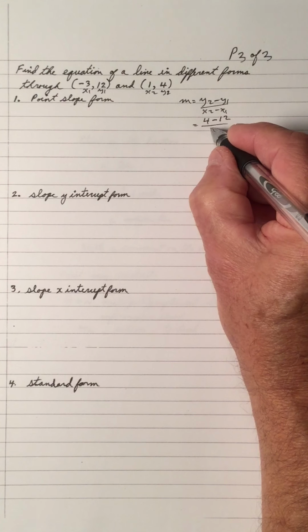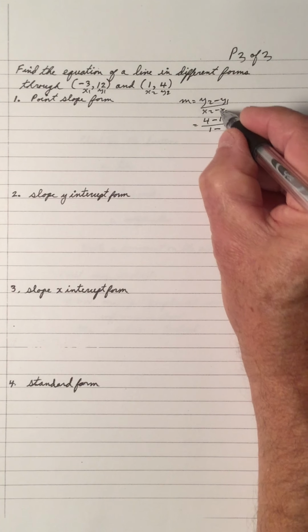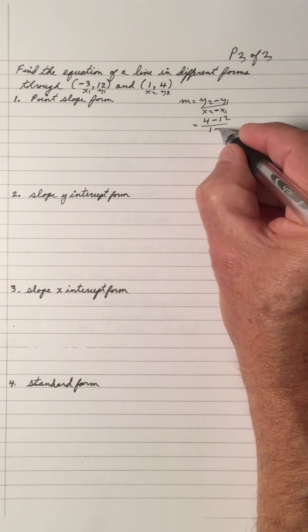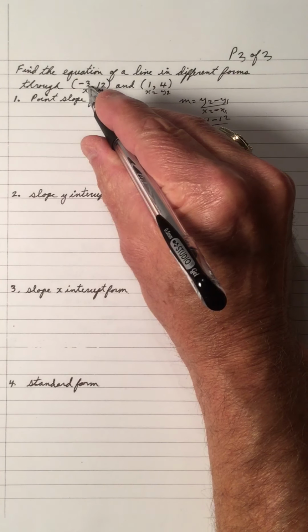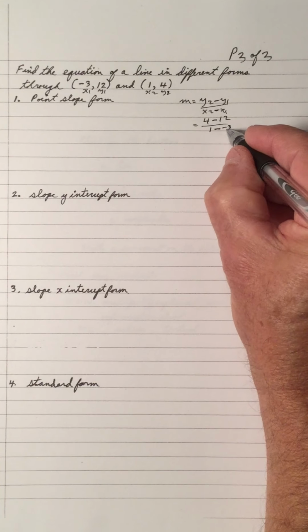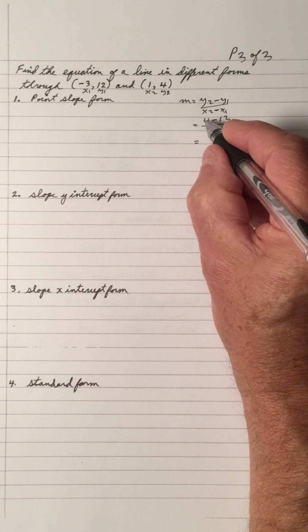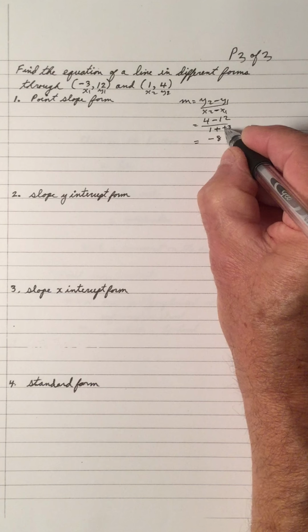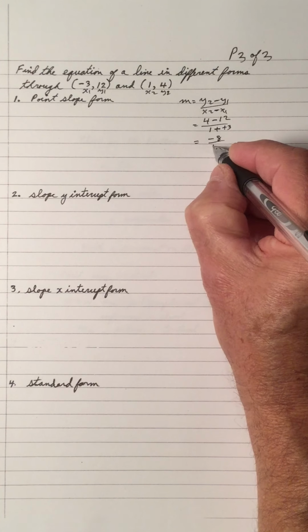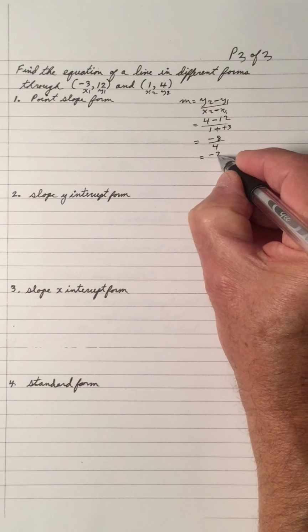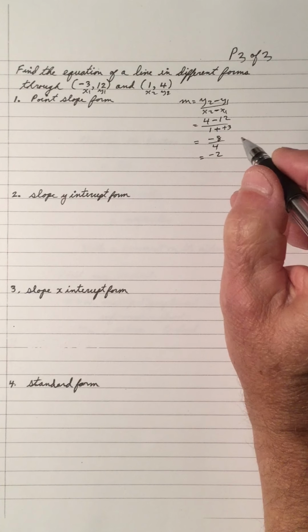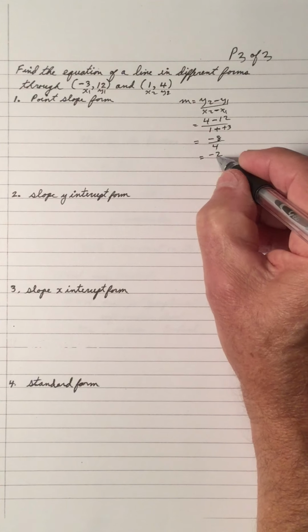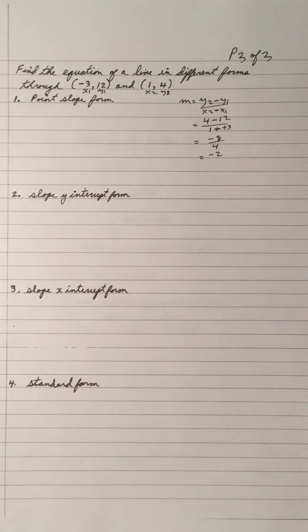X2 is 1. Subtract, there's the subtraction sign, and X1 is negative 3. And 4 subtract 12 is negative 8. Double negative is a positive, so 1 plus 3 is 4. So I have to work out my slope to get the equation of a line. So there's the slope, negative 2. Now I can do my different forms.